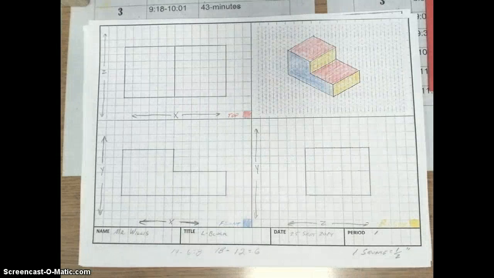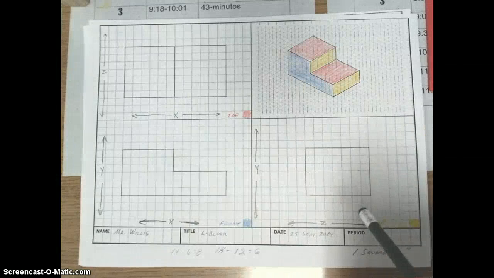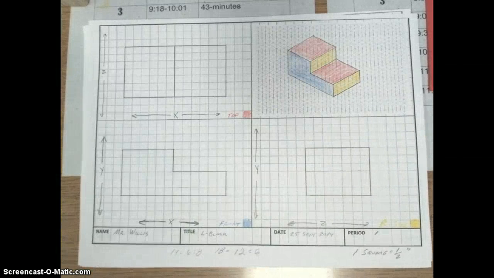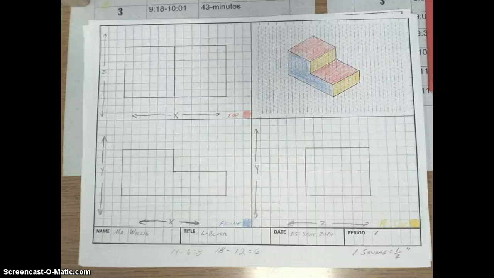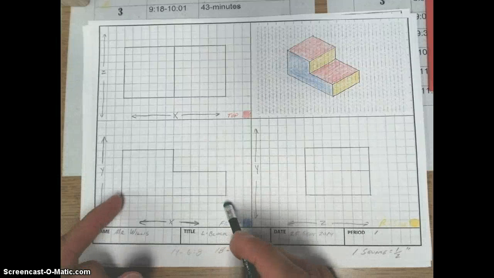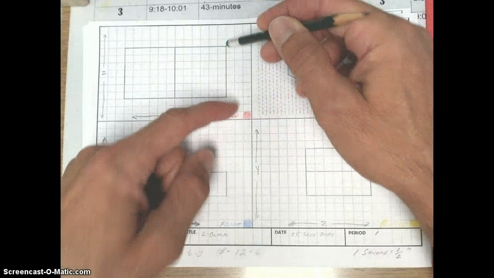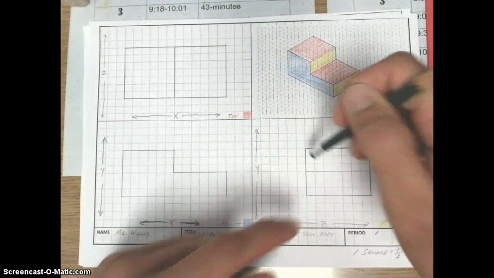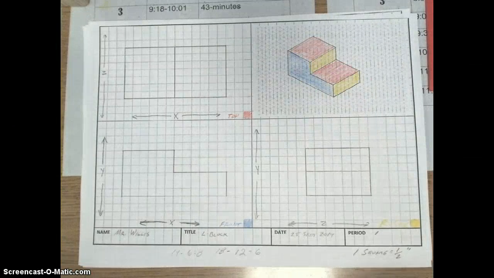The other thing that we will do, at least to start with, is we will only put one dimension in each view. So our drawings aren't really going to be fully dimensioned, but we are going to know overall width, overall depth, and overall height. Okay? So we're going to try to be pretty consistent with where we put our dimensions in the beginning. This can change later on.